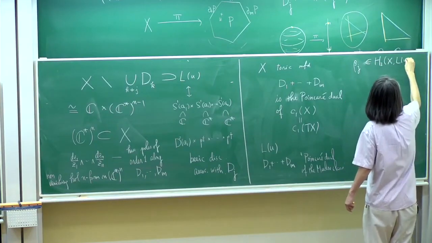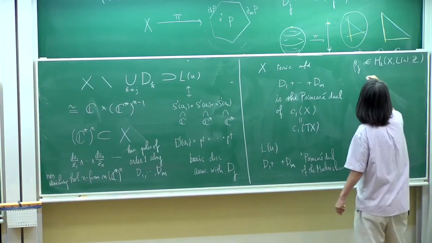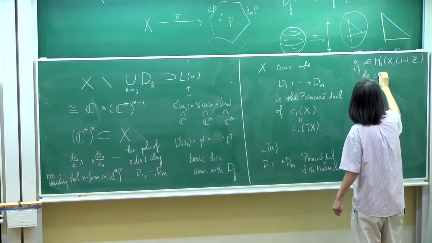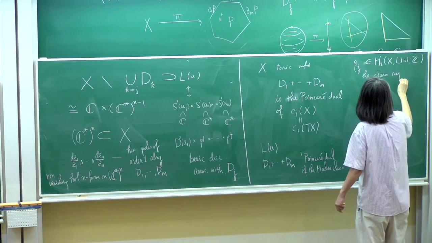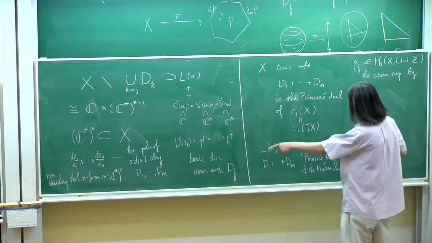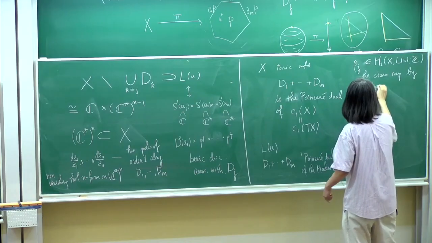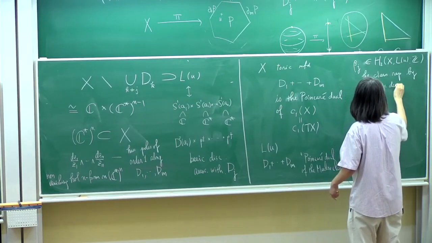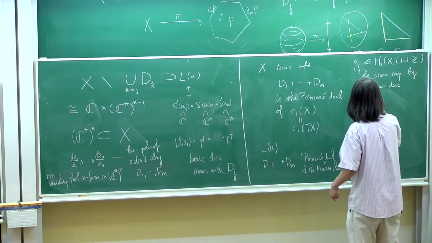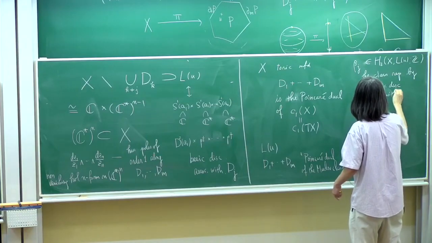in H2 of (X, L_U), the class represented by the basic disk associated with this Dj.